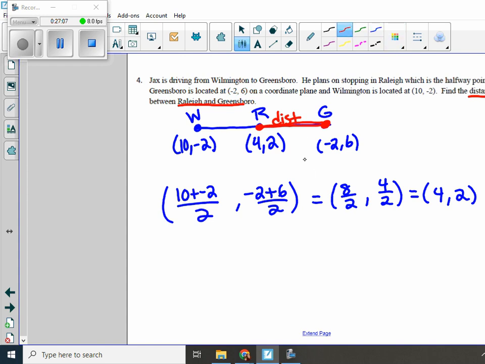Okay, so we found Raleigh. That's not what they ask us for. They want the distance, which means you need to go to Desmos and type distance, parentheses. What 2 ordered pairs are we putting in there? Yep, 4, 2 for Raleigh, comma, -2, 6 for Greensboro. Okay, type them in.